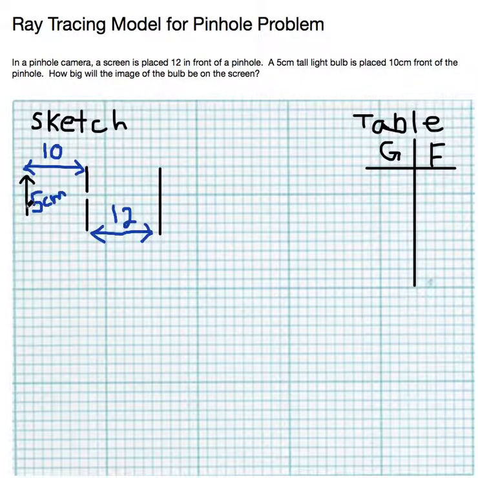Because that's the distance between your object and the pinhole. And the question that we're asking is, how big will the image of the bulb be on the screen? How big will it be on the screen?